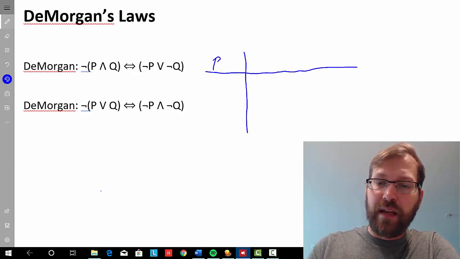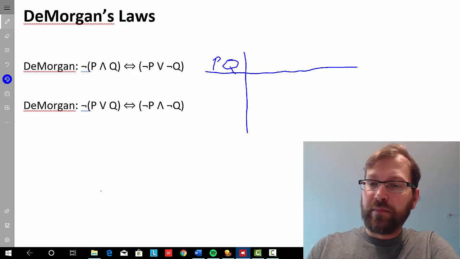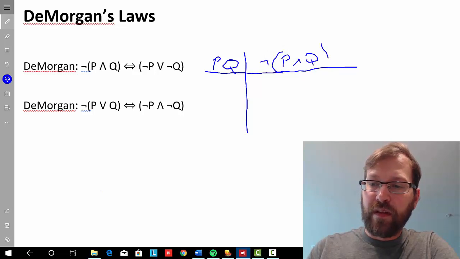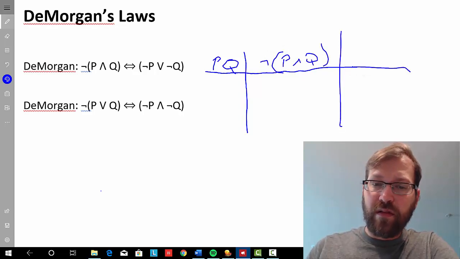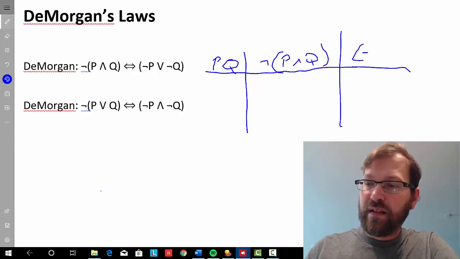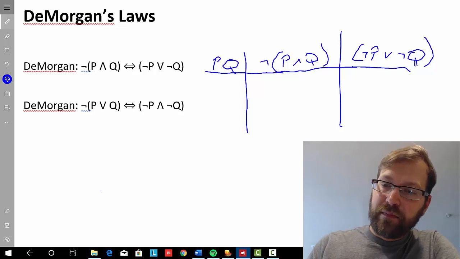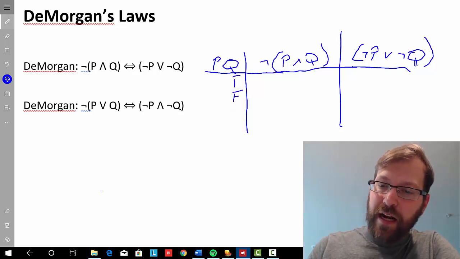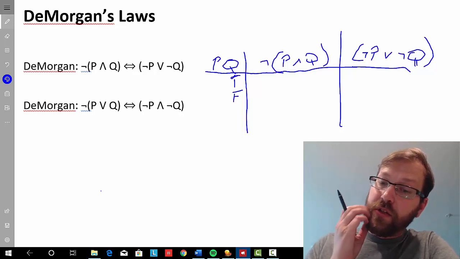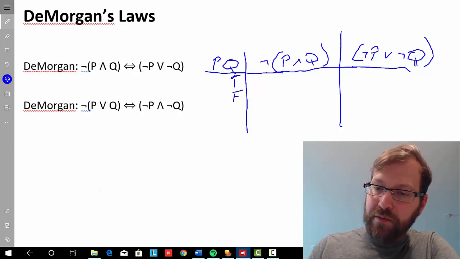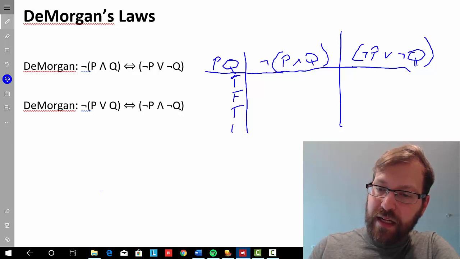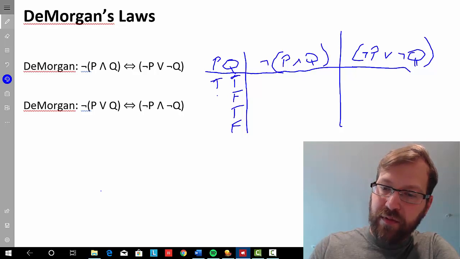We're going to have to worry about P and Q. One of our sentences is not the case P and Q. Our other sentence is not the case P or not the case Q. We're going to have 4 rows since we have 2 sentences in our reference column, P and Q. So TF, TF, and then double that pattern as we move to the left, TT, FF.